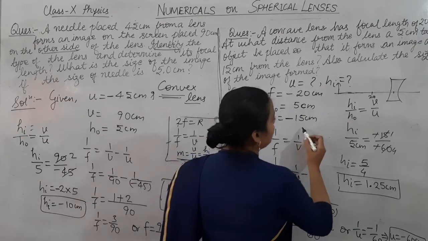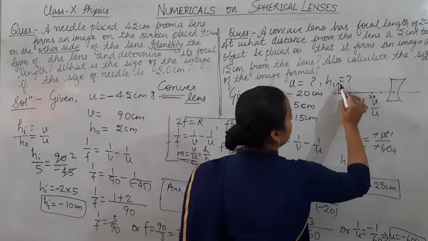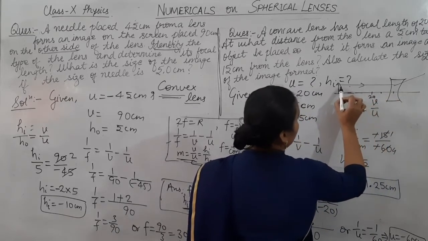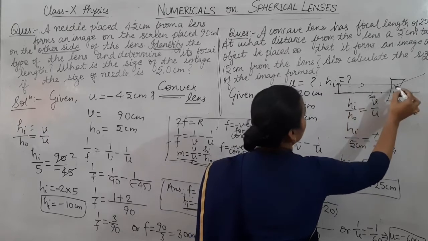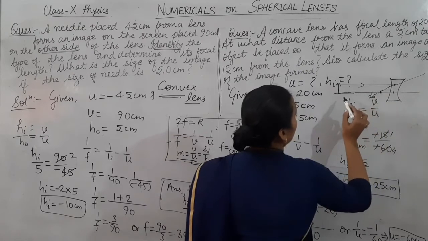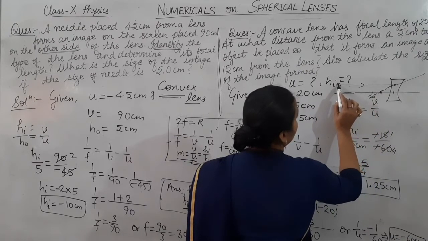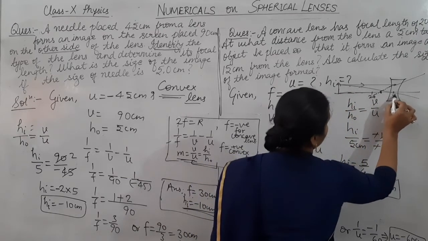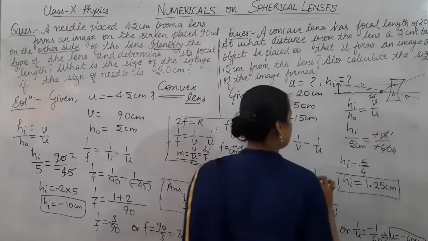Image was to be formed at 15 centimeter, means here at this point approximately the image is going to form. This light ray will move like this. Another light ray will seem to cross through this point. And one more rule: it will pass through the optical center like this, and at this place the image is going to form.